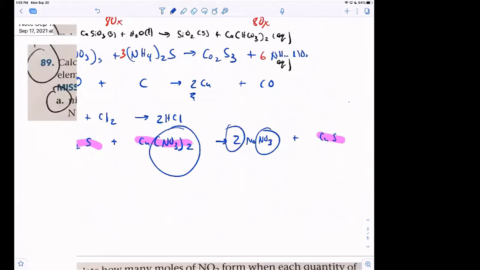By balancing the nitrates, that's already balanced, and that's done. And I'm doing the trick where I'm balancing the groupings of atoms. That's only because the nitrate does not decompose or turn into something else. When I'm balancing groups of things, if the atoms exchange, then you can't do that. But these atoms are not exchanging.